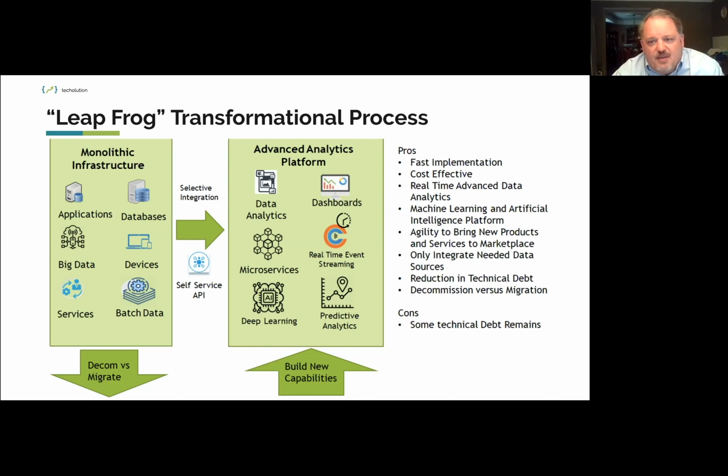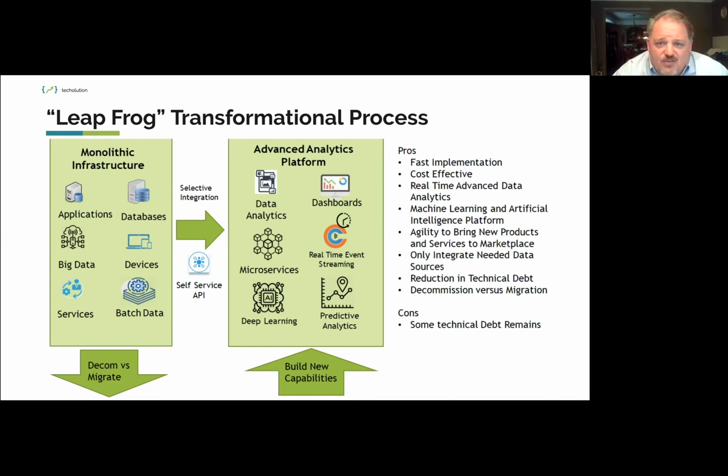The second big thing about this is now you have a platform that you can also start implementing machine learning and AI at a relatively fast pace. It depends obviously on your data. And then obviously one of the great things about having this new platform is you only integrate critical data from your legacy monolithic infrastructure. Once again, you're not moving stuff, you're just integrating to the stuff in the back end.